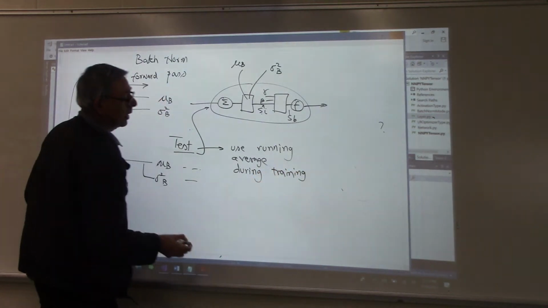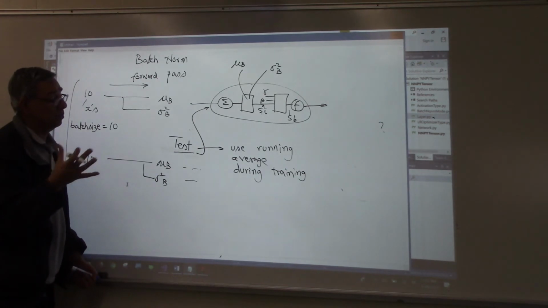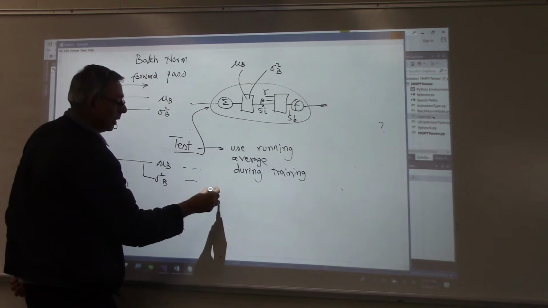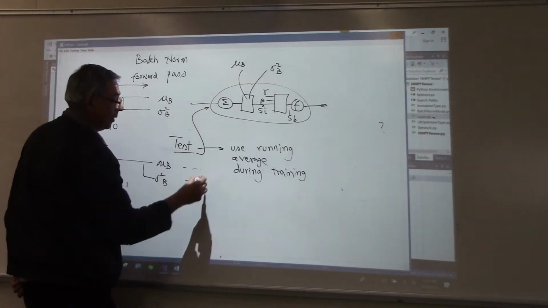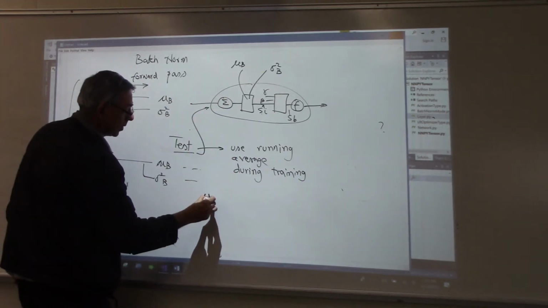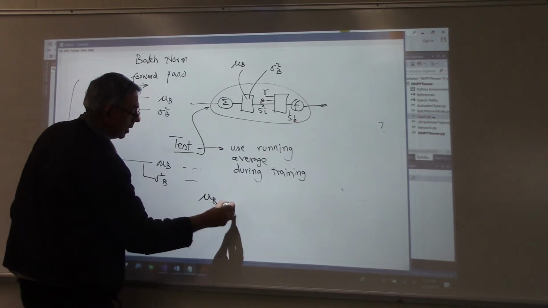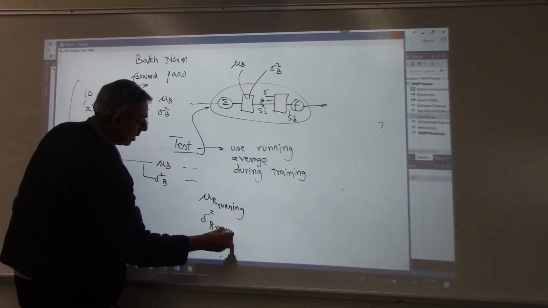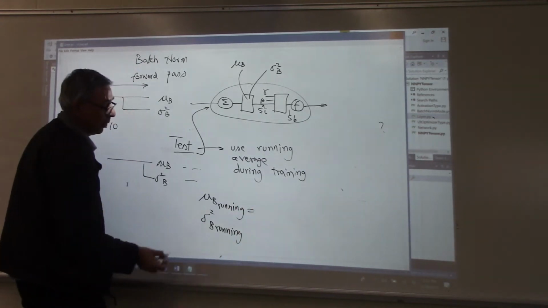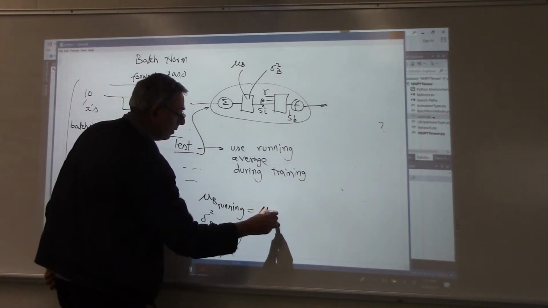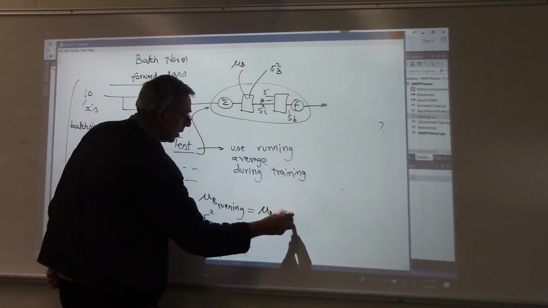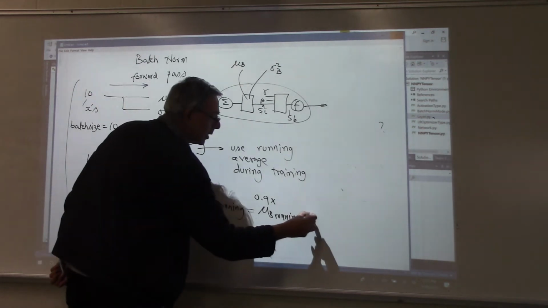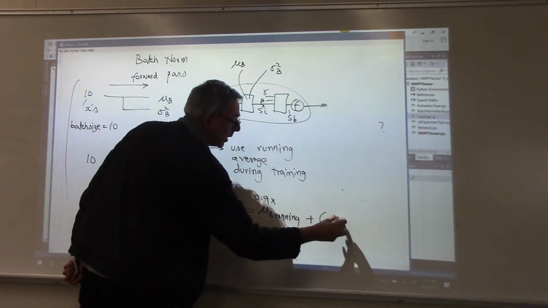So, just like you guys saw in momentum or in the Adam algorithm, every time we compute, we'll also store mu b running and sigma square b running, which will be simply the old value of mu b running times 0.9 plus 1 minus 0.9 times the current one.